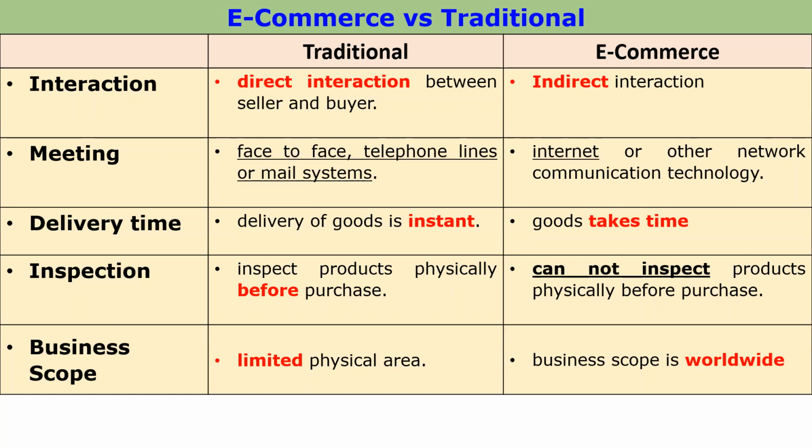Your product can become popular in any remote areas. You don't even need to go there physically. You can market your product in those remote areas through e-commerce systems. These are the points you want to compare between traditional and e-commerce transactions.